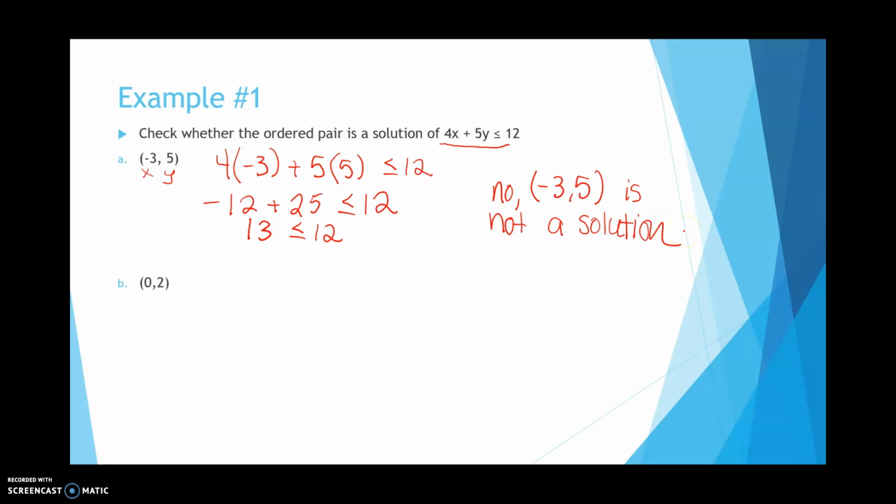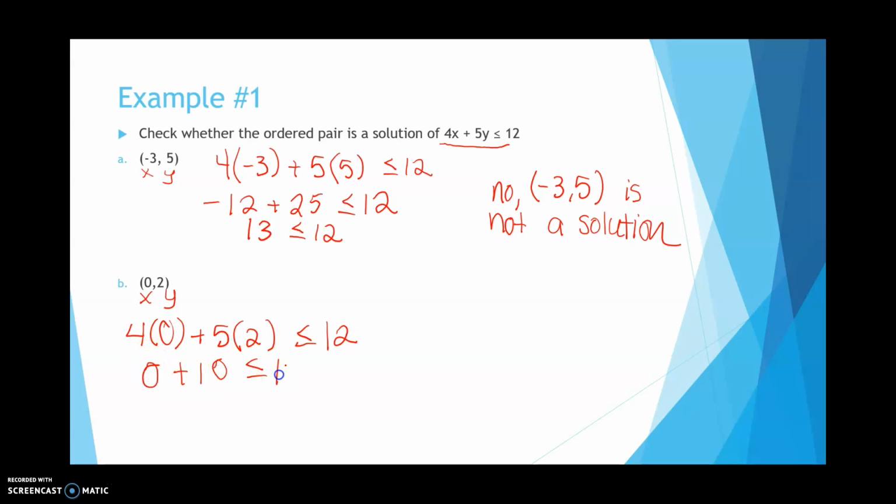Let's look at B here. We have 0, 2. Again, we're going to substitute 0 in for x, 2 in for y to see if it's true with the same inequality of 4x plus 5y is less than or equal to 12. So 4 times 0 plus 5 times 2, is that less than or equal to 12? So we have 0 plus 10.